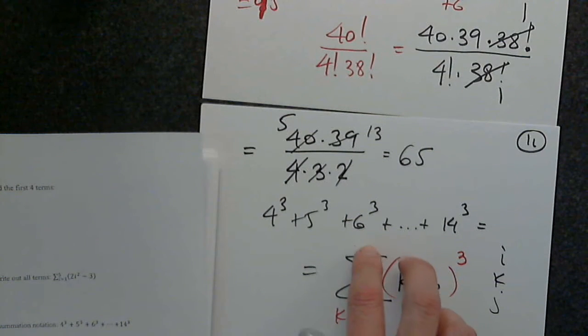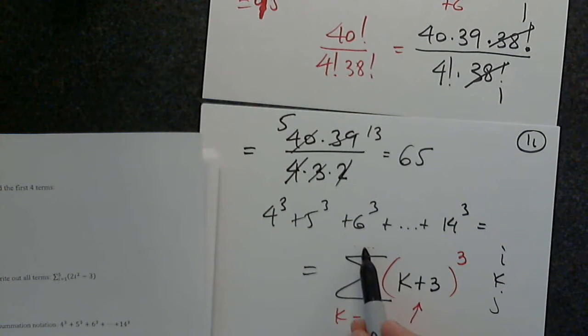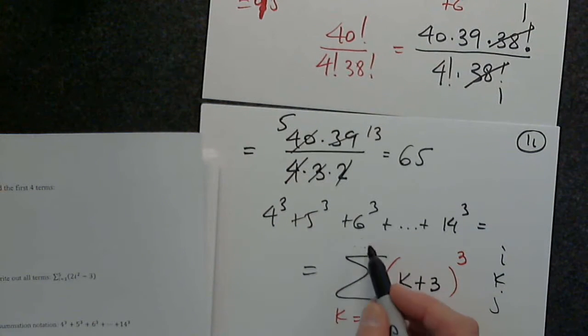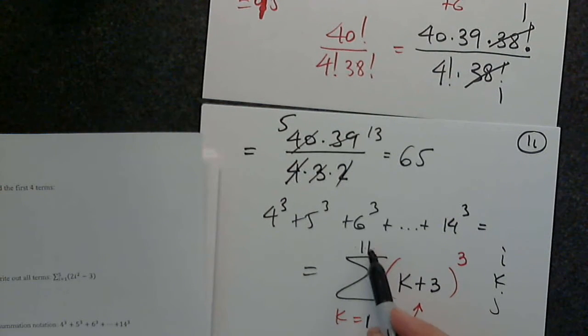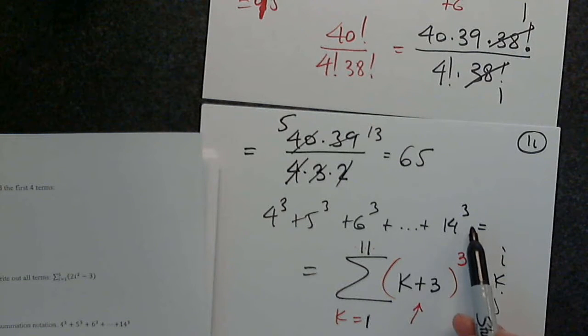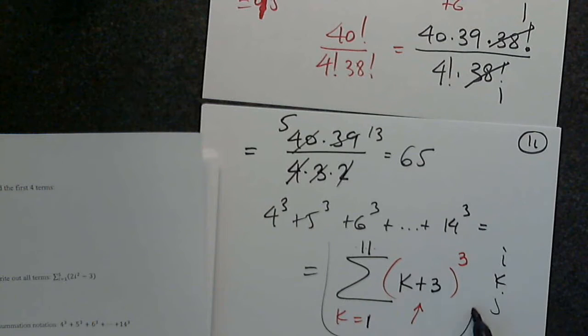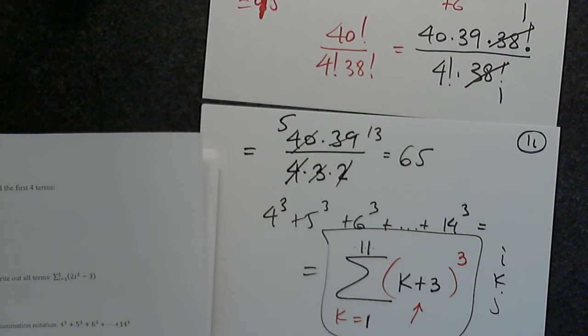But how far do I go? When k is 11, yes. Is that clear why 11? Because 11 plus 3 will be 14. If I put 14, I will have in the next terms 14 plus 3, and that's 17, and I don't have 17 here. So this is the condensed sum of the sequence.